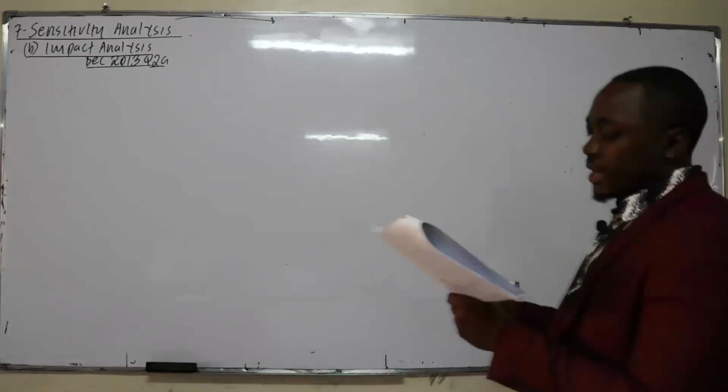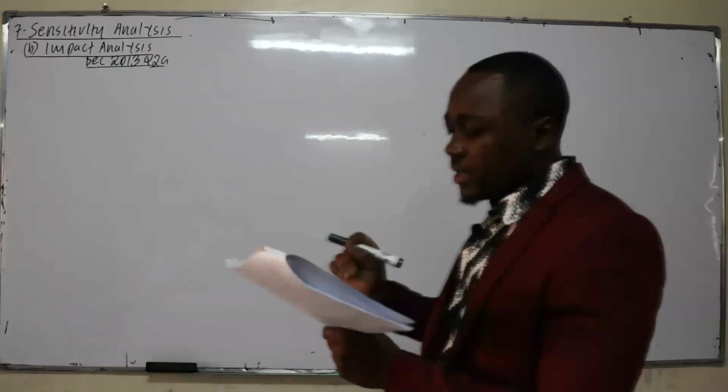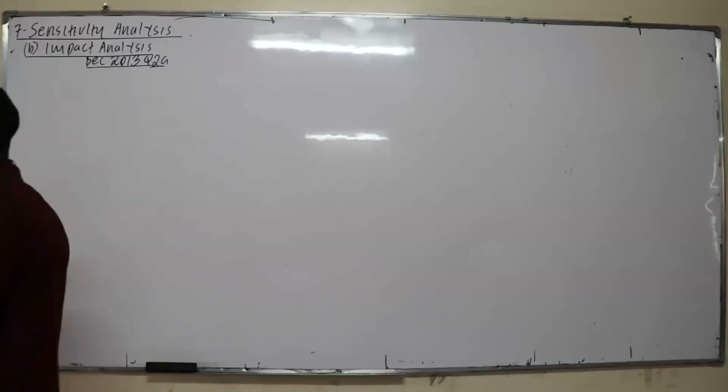Read that required again: determine the sensitivity of the project to changes in levels of cost of plant, running cost, and saving, considering each factor at a time and assuming each variable is varied adversely by 10%.